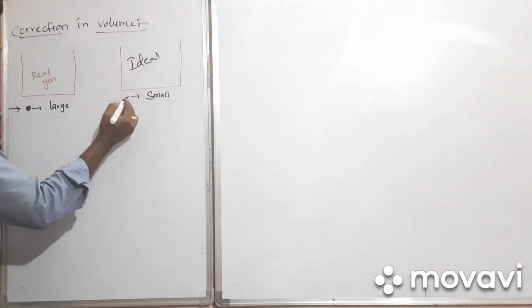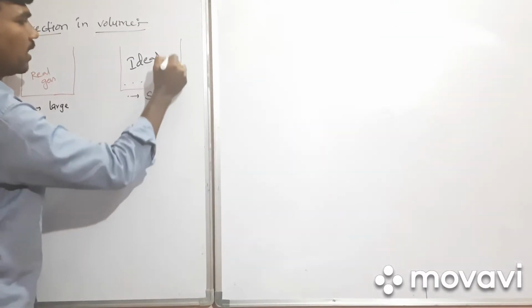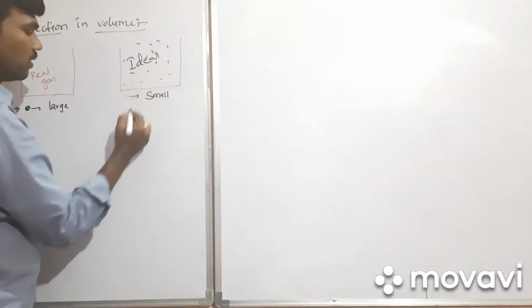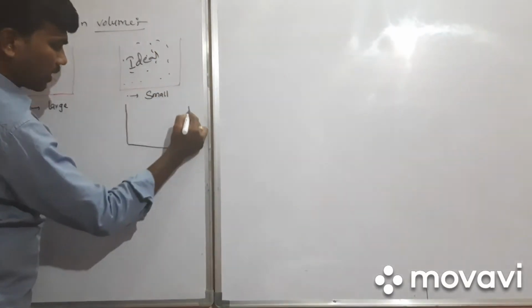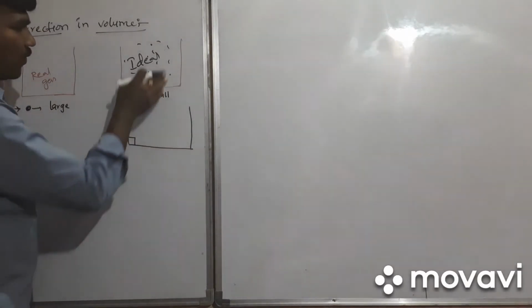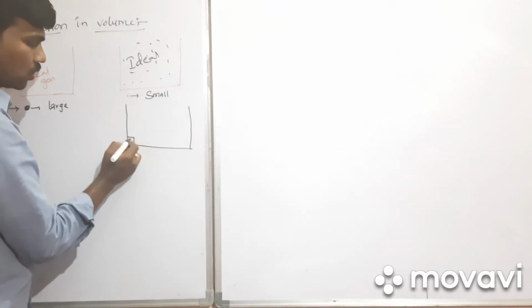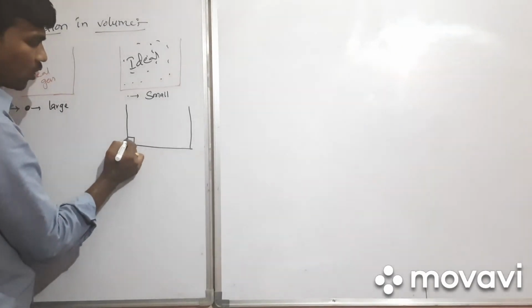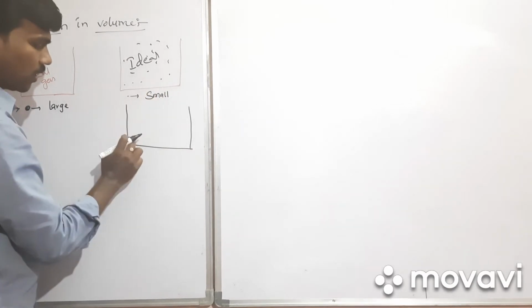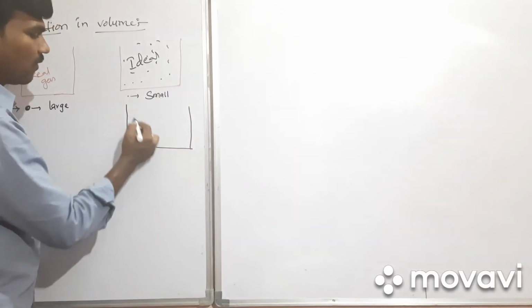If you compress the ideal gas molecules, they will occupy only this much area. So the occupied area of the ideal gas molecules will be negligible when compared with the total volume of the container.